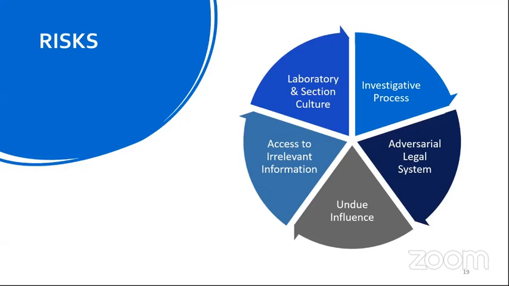We are so heavily engaged in the investigative process. That's next on our list of risks. Depending on what kind of laboratory you have, whether you have crime scene or not, whether your scientists go out into the field or not, and they stand shoulder to shoulder in a homicide scene with an investigator talking about the scene, we are heavily embedded with the investigative process.